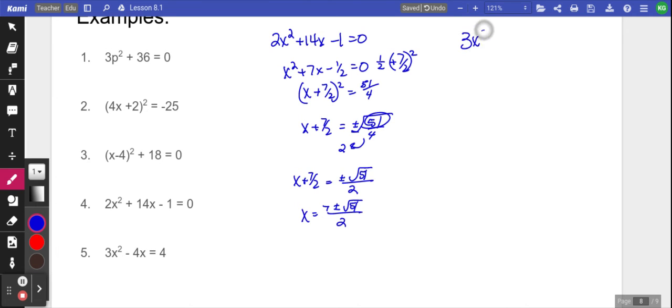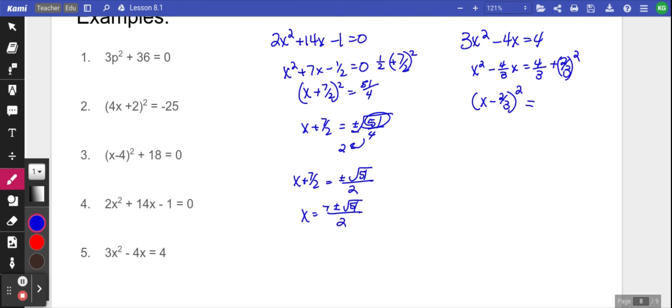Number 5 starts as 3x squared minus 4x equals 4. Divide everything by 3. Then I'm going to take half the middle term, which is 2/3, square it, and add it to the right side.